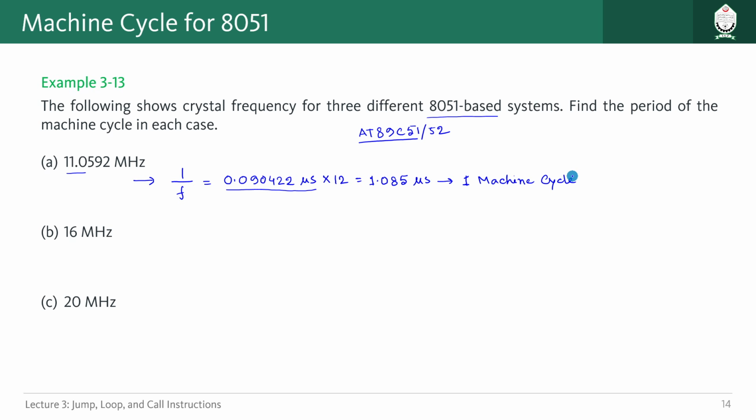So for this kind of system, one machine cycle is equal to this amount of time. Okay, for this one you can do the same thing. 1 divided by f is the time period, which is 0.0625 microsecond. You have to multiply it by 12. You are going to get the length of one machine cycle, 0.75 microsecond.